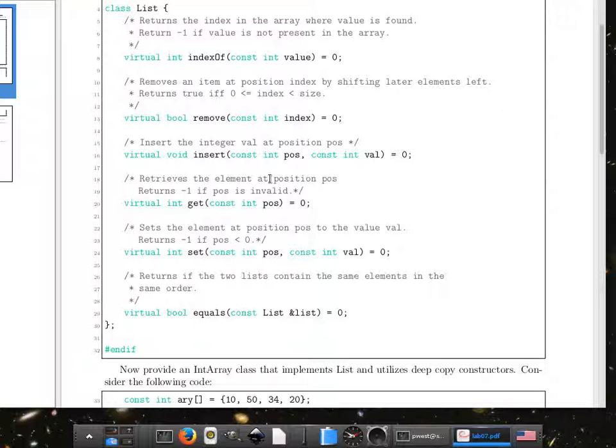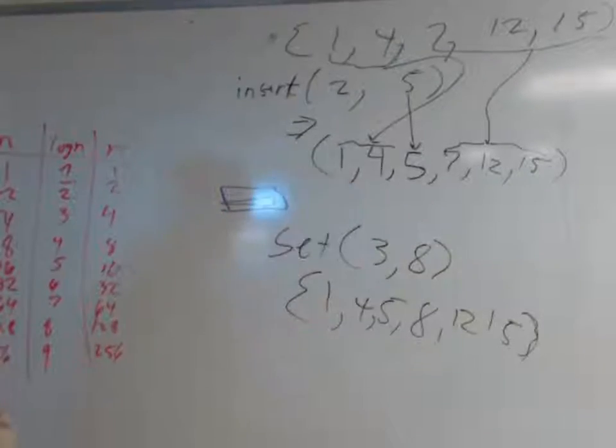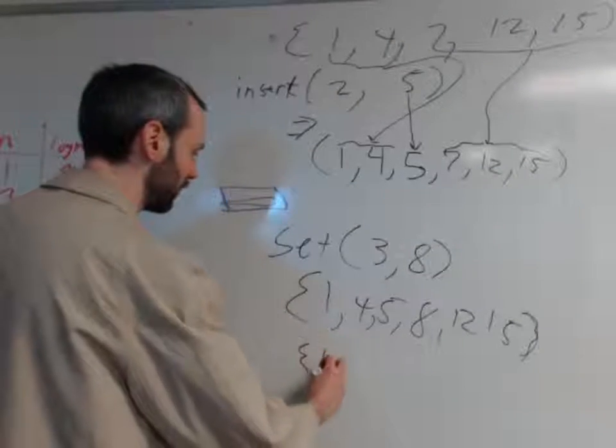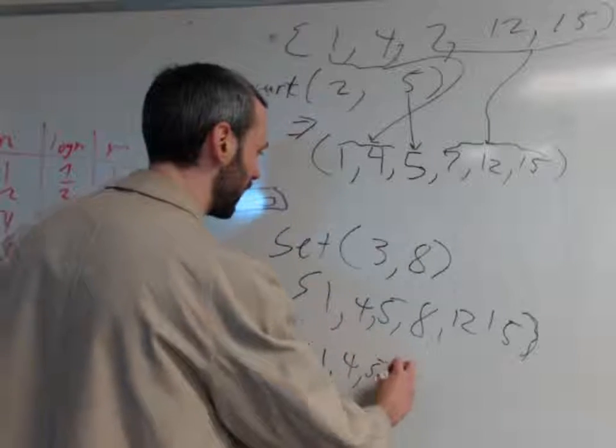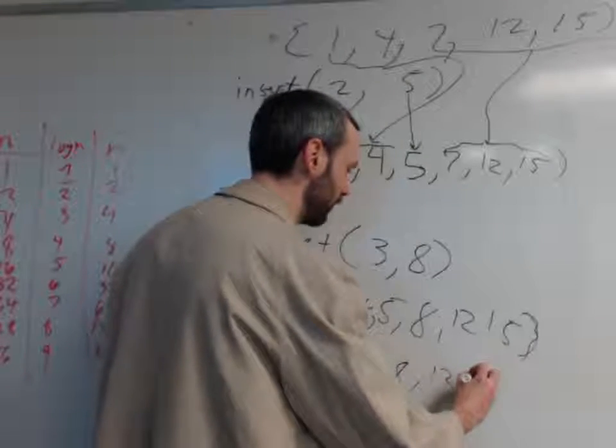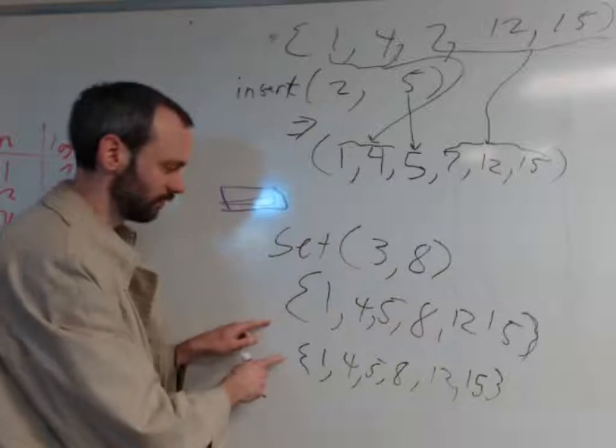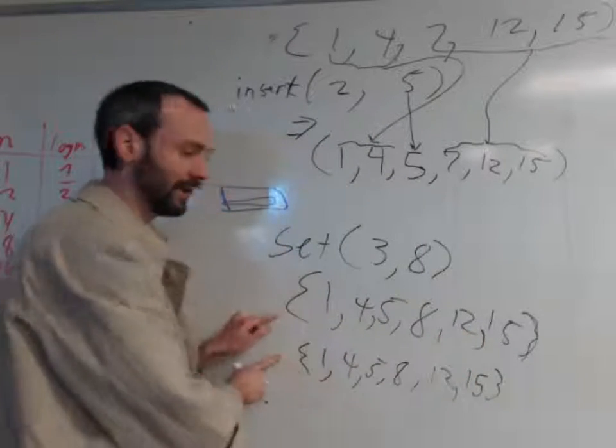All right, equals. If you're passed two lists, it returns whether the two lists contain the same elements in the same order. So in other words, back to this list, this one and 1, 4, 5, 8, 12, 15 are equal.